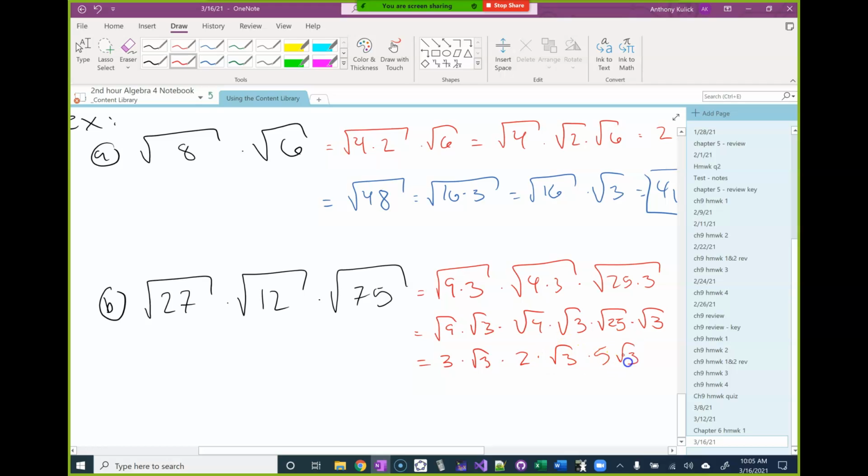So I have 3 times 2 times 5, and then I'll have my square root 9 and square root 3. So that gives me 90 root 3.